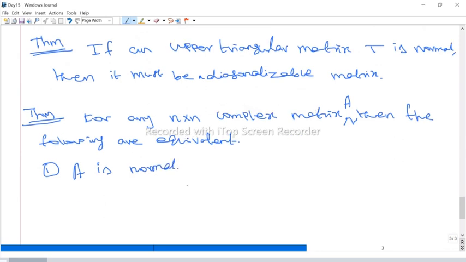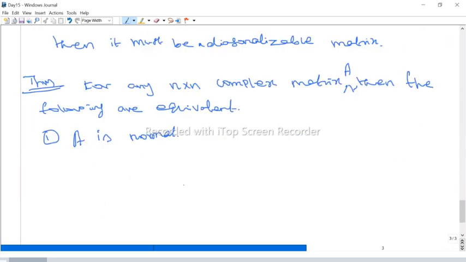Then the second one is A is unitarily diagonalizable. Because it's a complex matrix, we already know that it's diagonalizable. Now, if A is normal, then A is unitarily diagonalizable. This theorem is more powerful: if it is normal, it is unitarily diagonalizable.